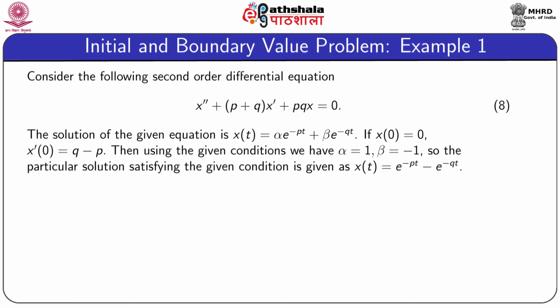If the initial conditions are x(0) = 0 and x'(0) = q - p, and if we use these initial conditions in the solution, we will get α = 1 and β = -1. Therefore, the particular solution satisfying the given initial conditions is x(t) = e^(-pt) - e^(-qt).